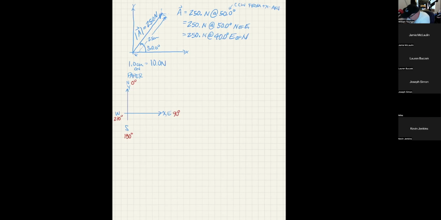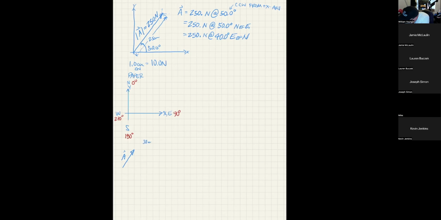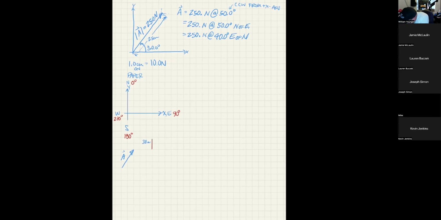So let's imagine we have a vector A. And what I want to do is imagine you walk the distance A. Let's say you walk 30 meters north and then 40 meters east. So you might say, I walk 30 meters north, which looks like this.